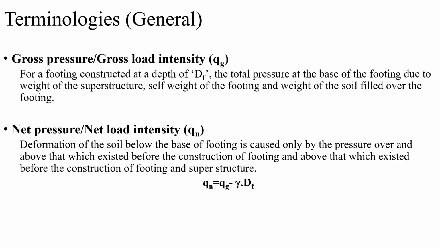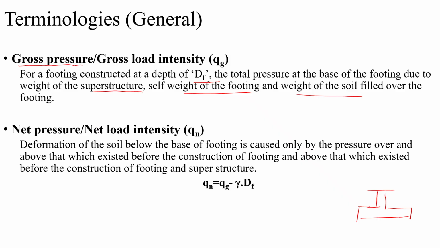Gross and net. As I have told you, if it is gross, then it means you have included the weight of the superstructure, the weight of the soil, and the self weight of the footing that is acting upon the bottom of the foundation, which is lying at a depth of df below the ground surface. I'll draw this again here.